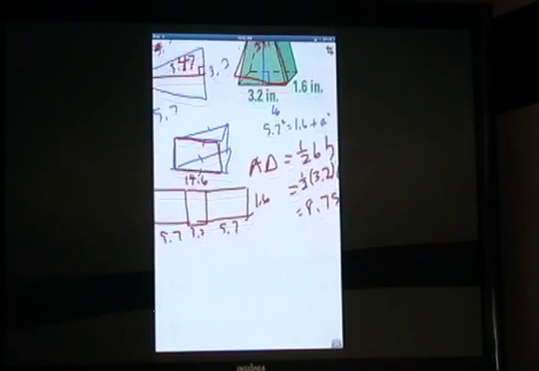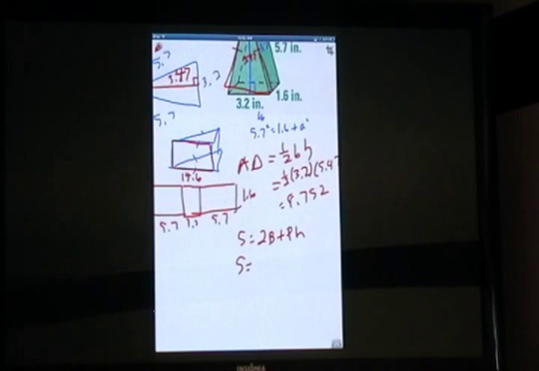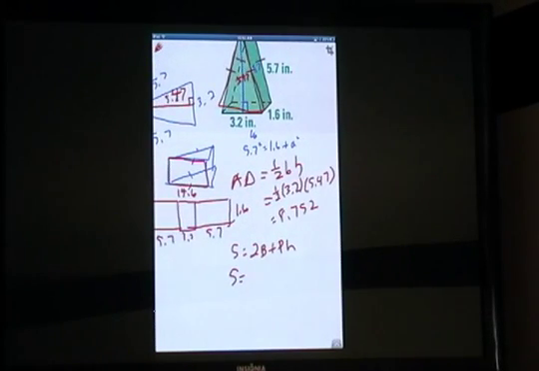So surface area is equal to 2 bases plus the perimeter times the height. Surface area is 2 bases. We've got 2 of them.